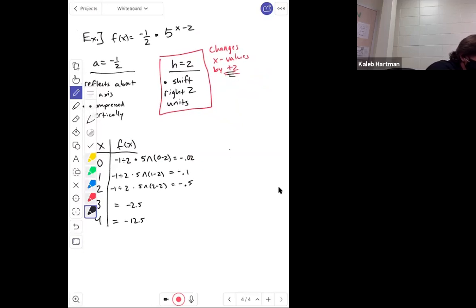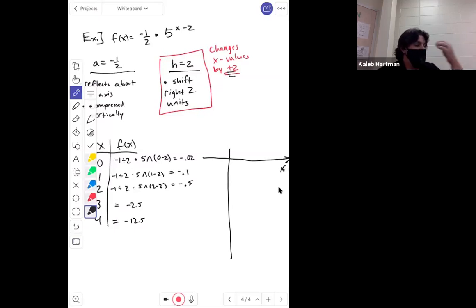Guys, the graph of this is a lot different. We reflect it across the x-axis, so that means I'm going to go down. The graph shape is a lot different. I'm going to be down in that third quadrant a lot more.